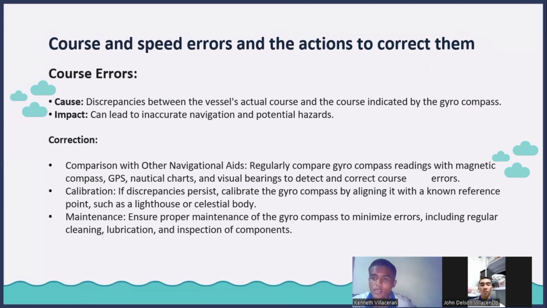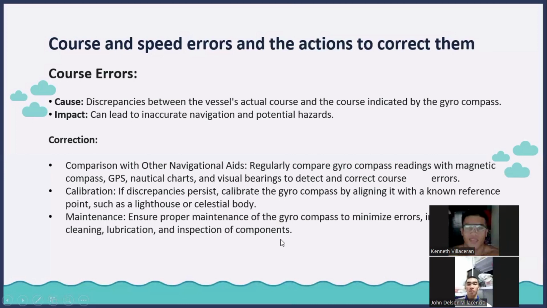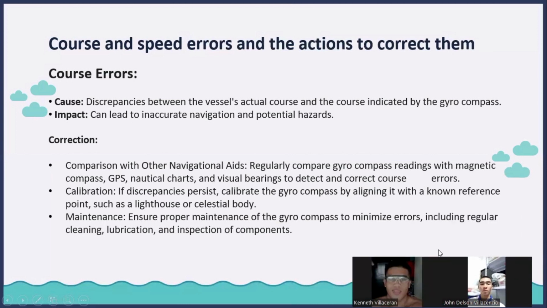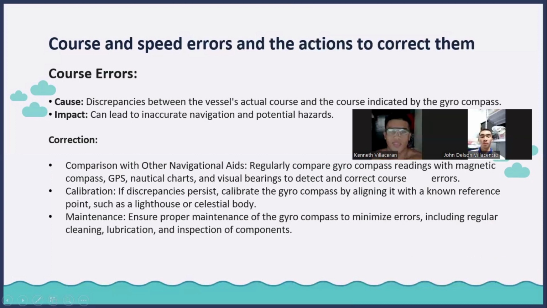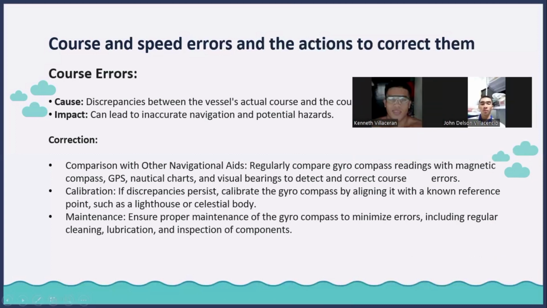Regularly compare gyro compass readings with the magnetic compass, GPS, nautical charts, and visual bearings to detect course errors.